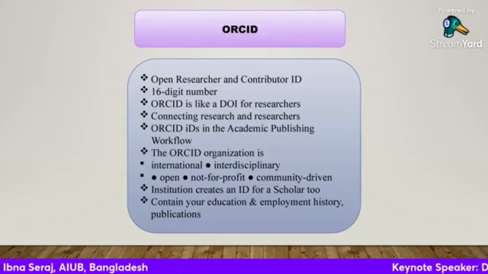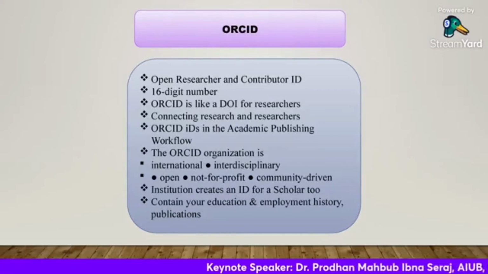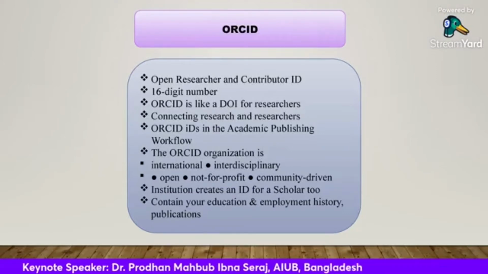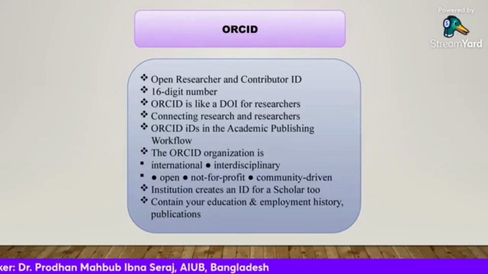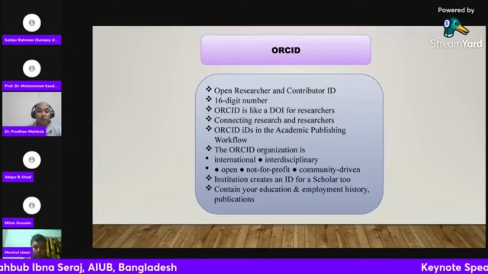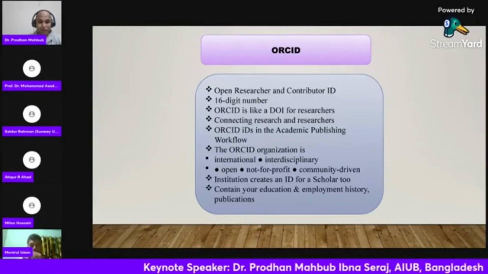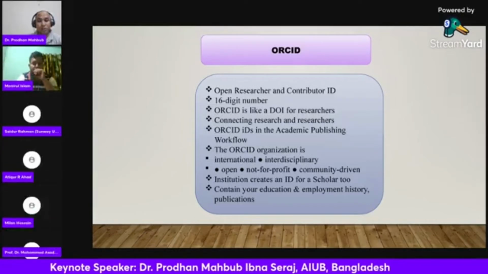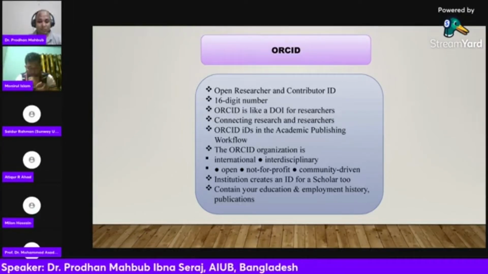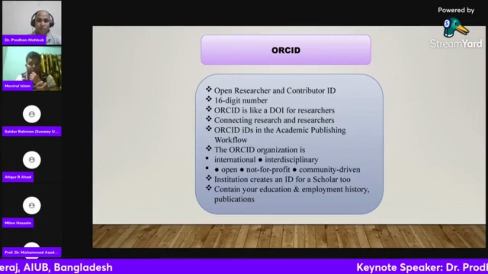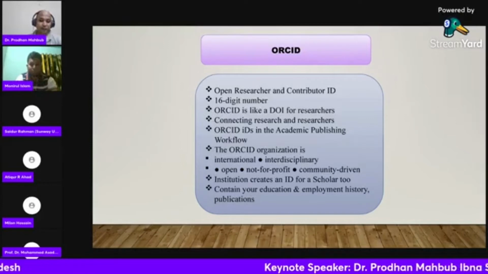But the most important thing, this will provide you something like a national ID. As a researcher, the WorkIt ID is your own identification number. It's a 16 digit number, and it is unique. It's like a DOI number for an article: WorkIt ID for a researcher, and DOI for an article.